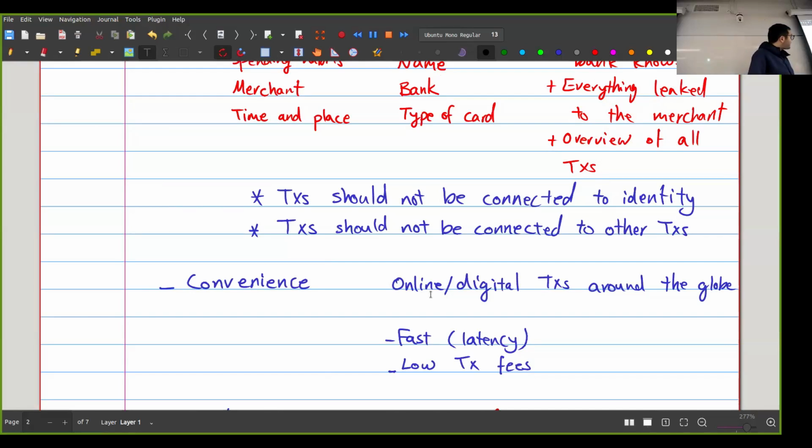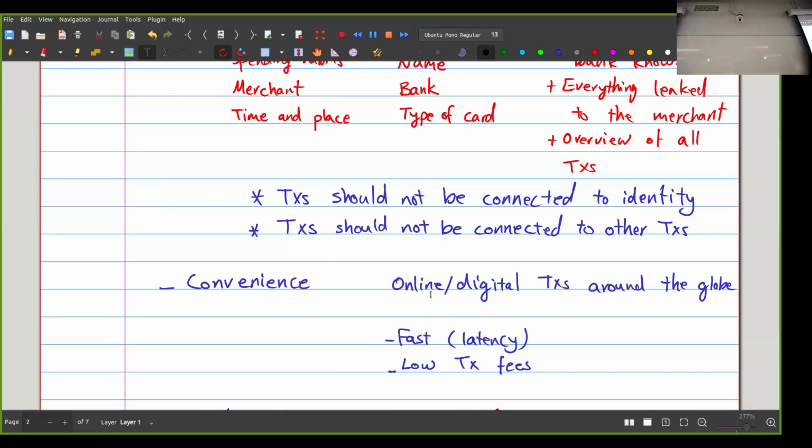Now, what do we mean by convenience? We want to have online and digital transactions, and ideally I want to be able to transact with anyone, anywhere, even if we are not physically in the same place, so I want this to be global. And I want it to be fast.